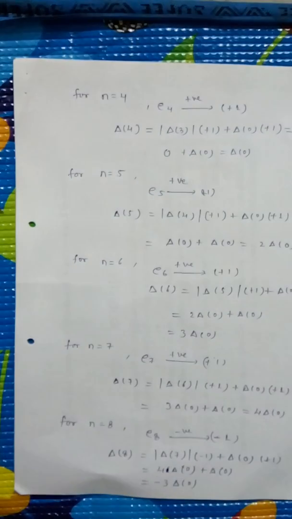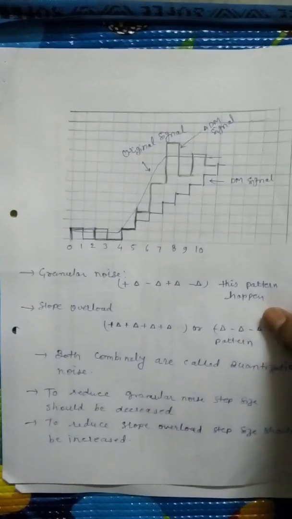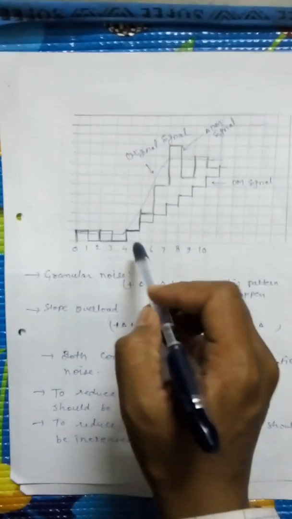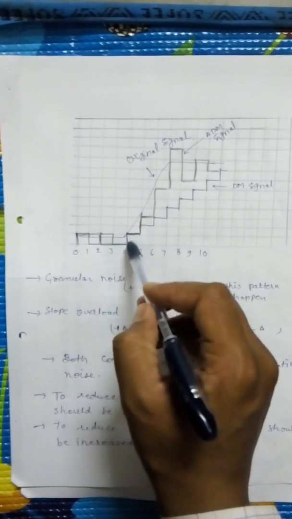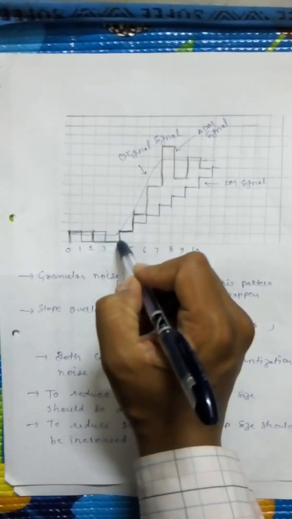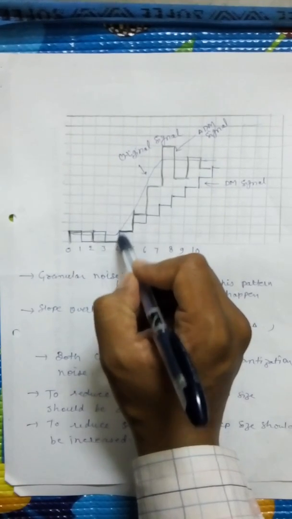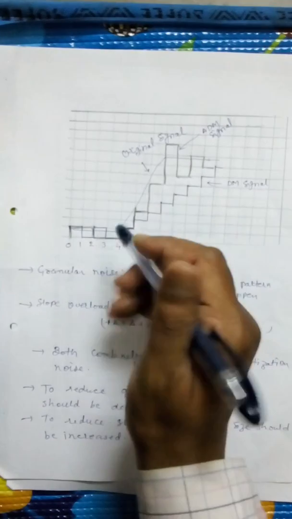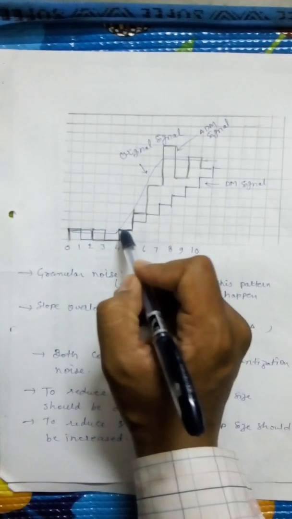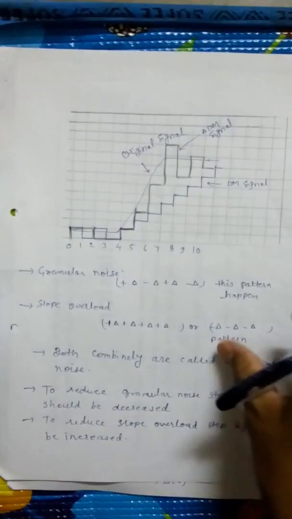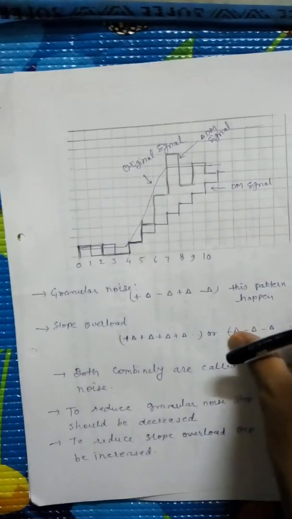Delta 0 means we have to increase our step size by delta 0. This is the value of one step size, delta 0. So we have to increase by delta 0. So we are here. Now at time instant 5.